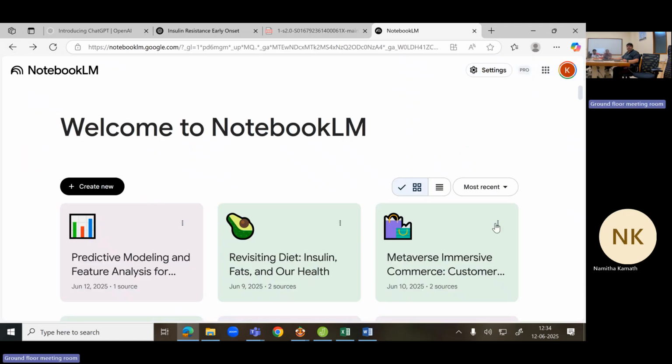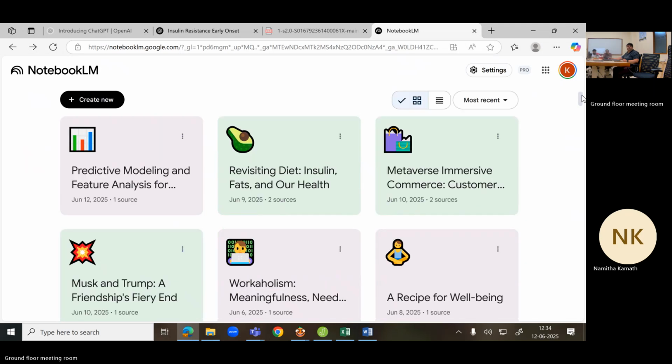So that is one more thing you can think about. These are some things you can use for report writing.